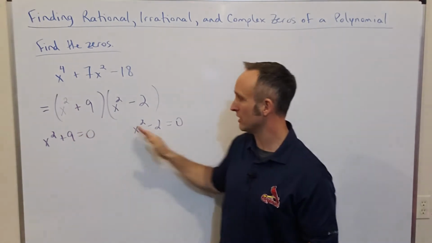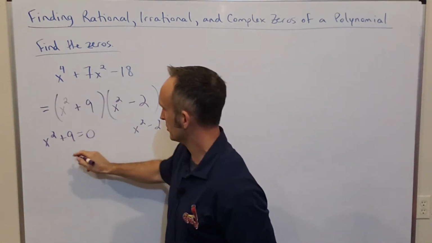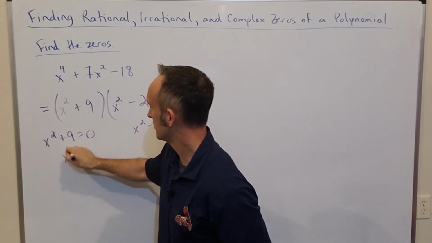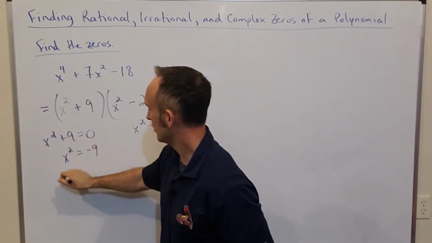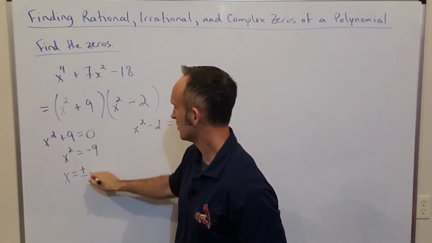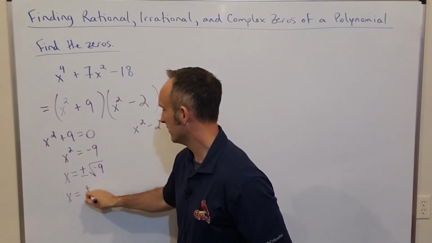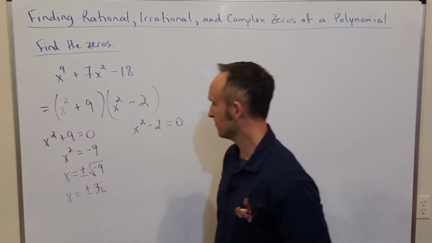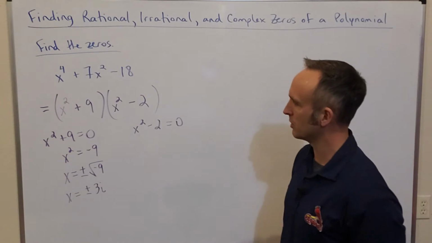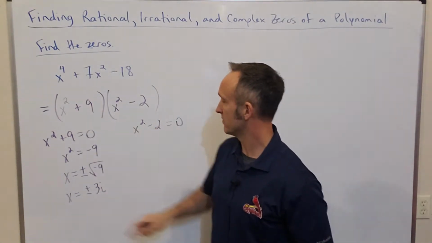These are quadratic, so I can go ahead and find the zeros. Fantastic. So now, if I want the zeros of this, I'll subtract the 9. And I'll take the square root of both sides, so I'll have plus or minus the square root of negative 9. And the square root of negative 9 is 3i. Okay? 3 times the imaginary number i. So we get some complex zeros. We get 2 of them out of this factor.